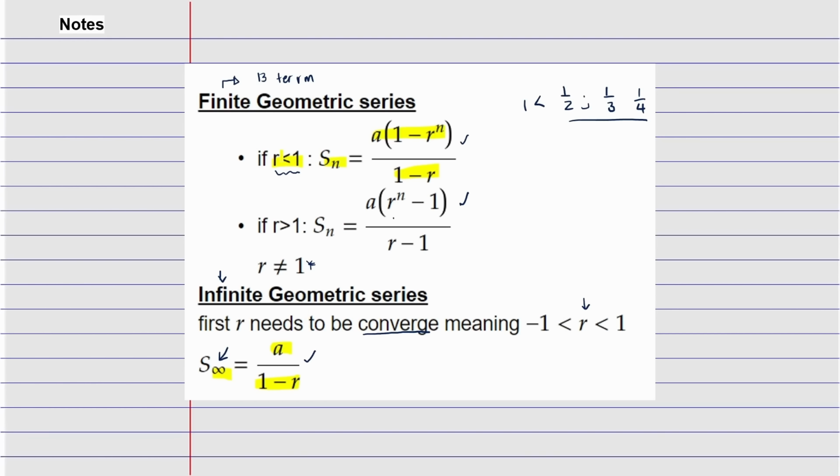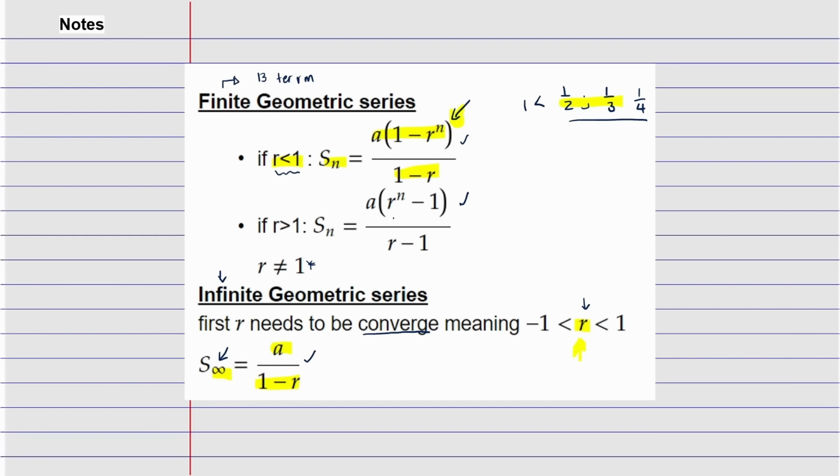So when it's less than 1, meaning it's a fraction, which is exactly what r needs to be in this position, the formulas are more or less the same. It's just that here we do not have this portion for the sum to infinity. We just have a in the numerator. I hope that makes sense, right?